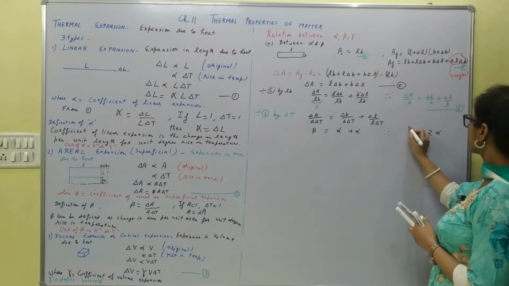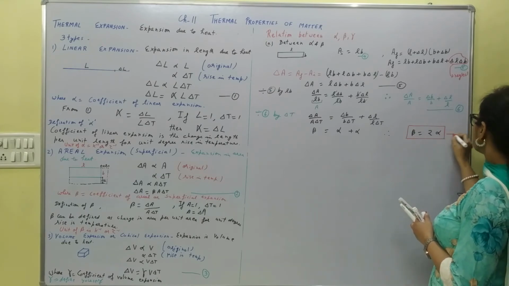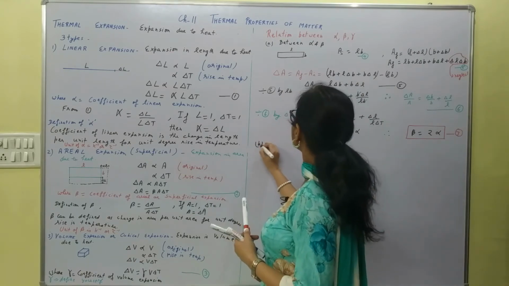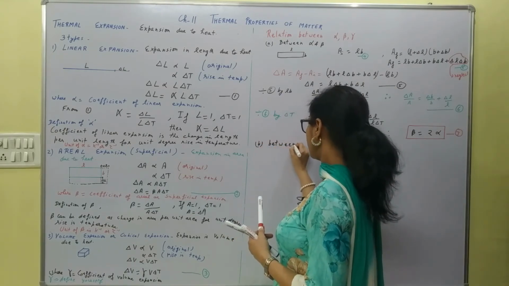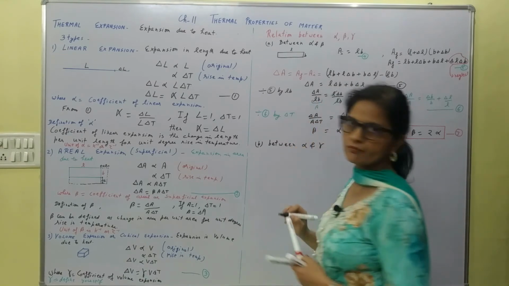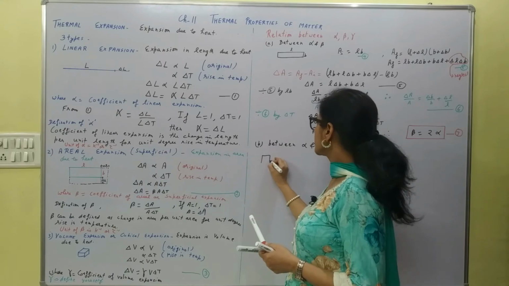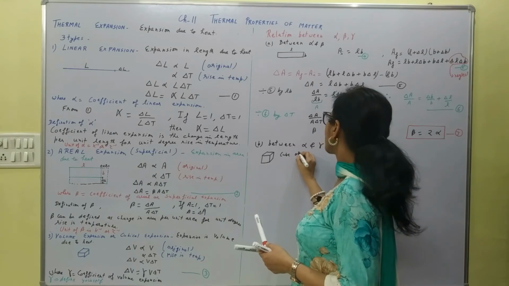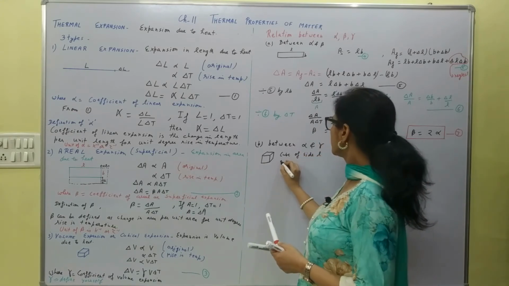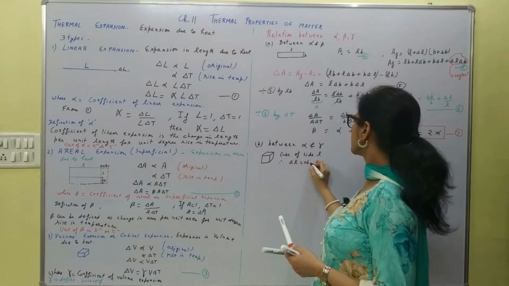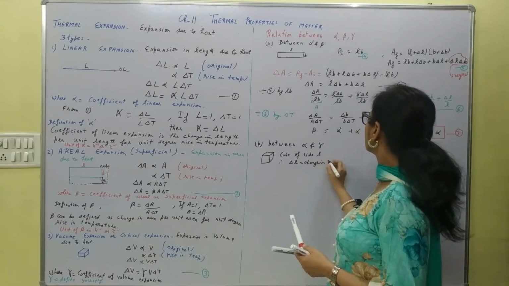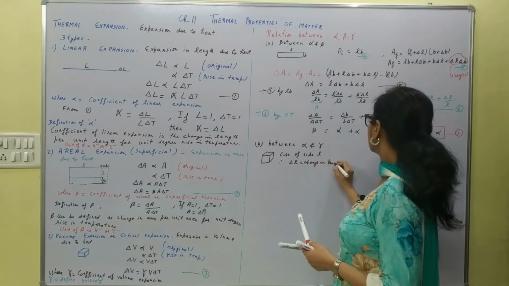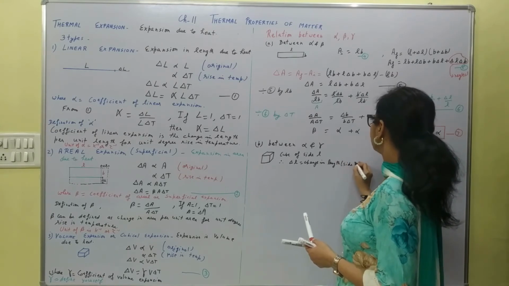So this is our A part done. This I can mark as 7. Now I can take the second part where I have to find the relation between alpha and gamma. For that I need to take a cube. I am taking a cube of side L. Therefore delta L is the change in length or side of cube, right?